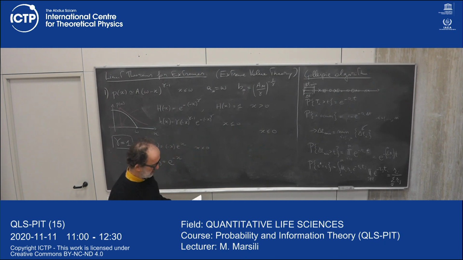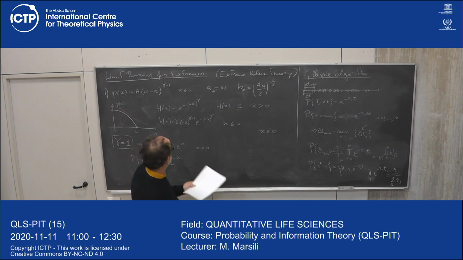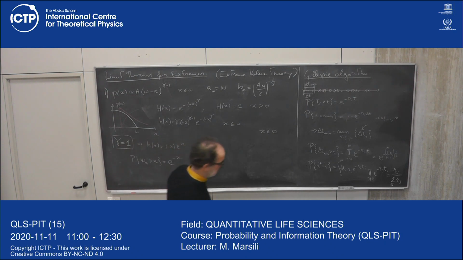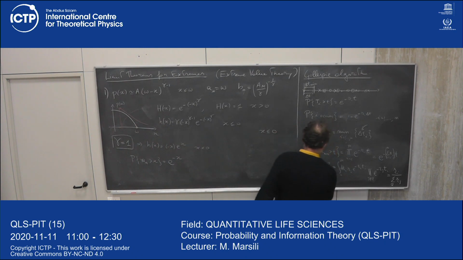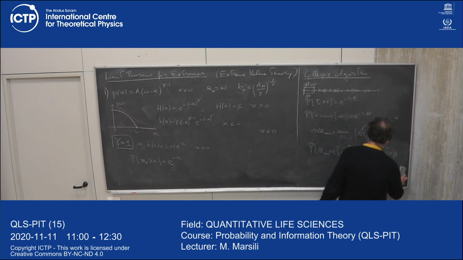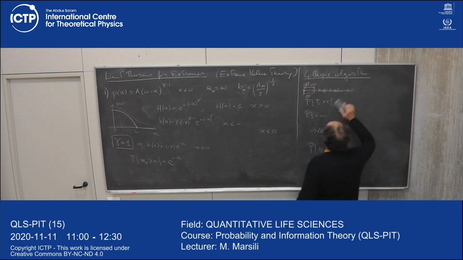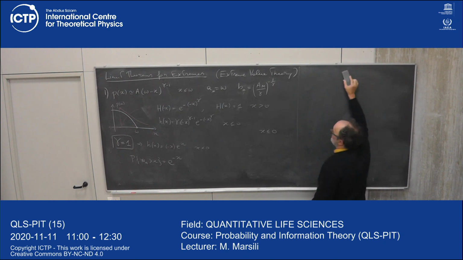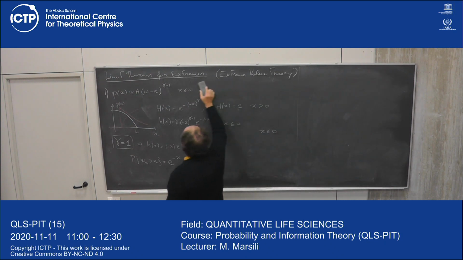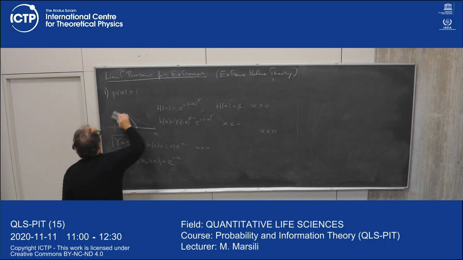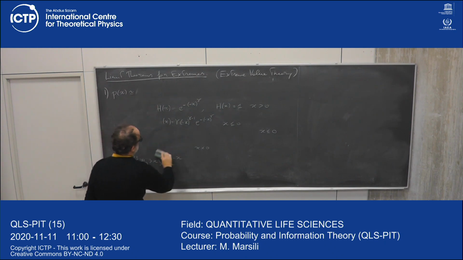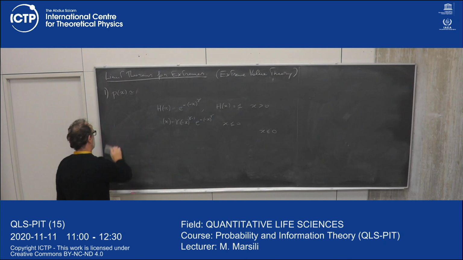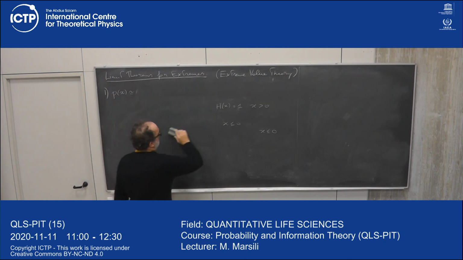Okay, so let's go back to our problem and discuss the final case, the third case, which is the case where the distribution extends to infinity, but it goes to zero faster than any power.